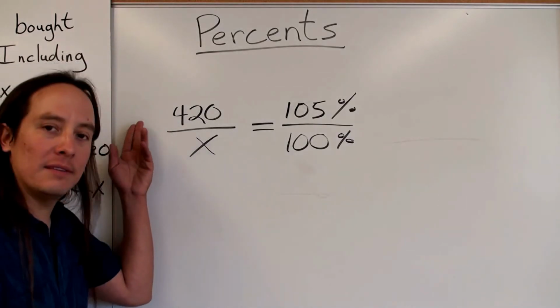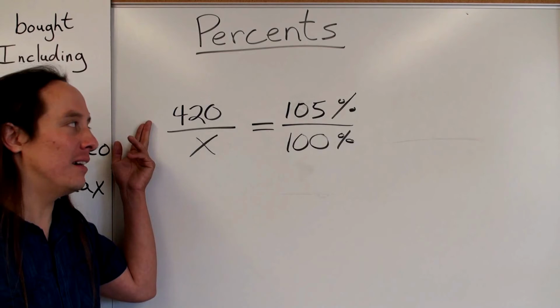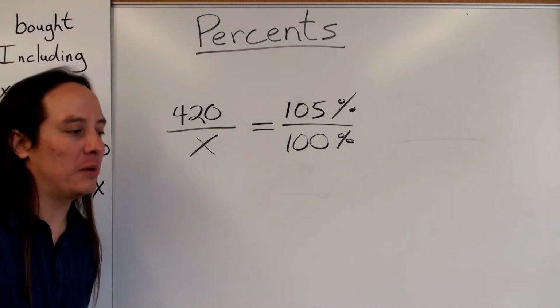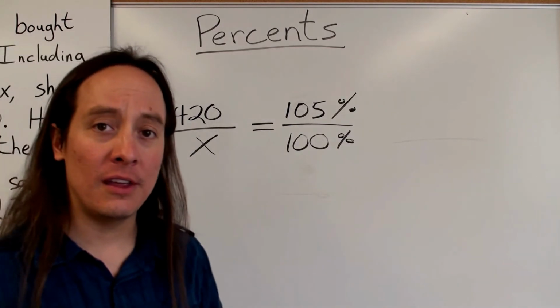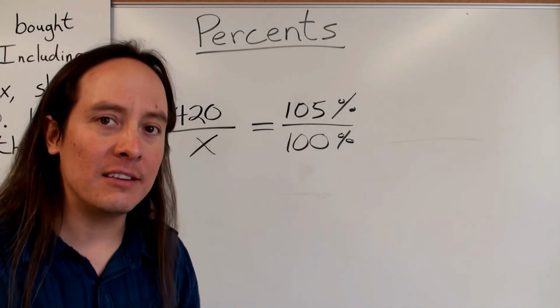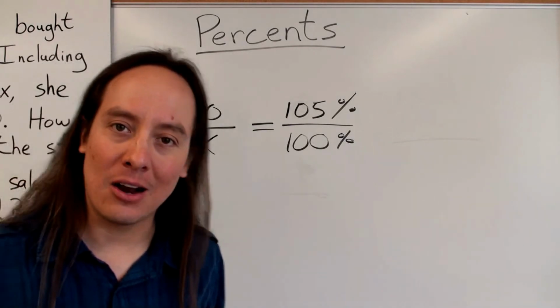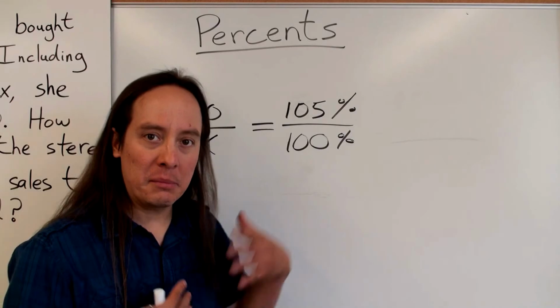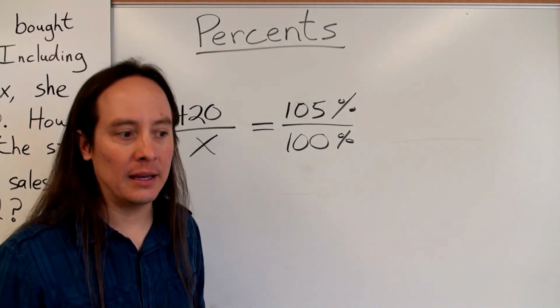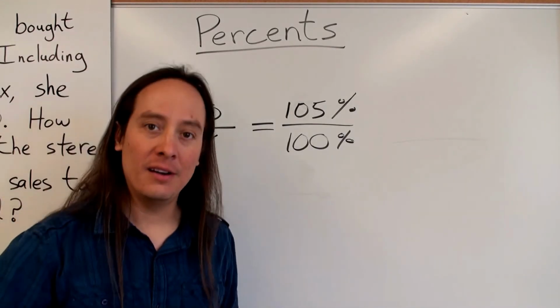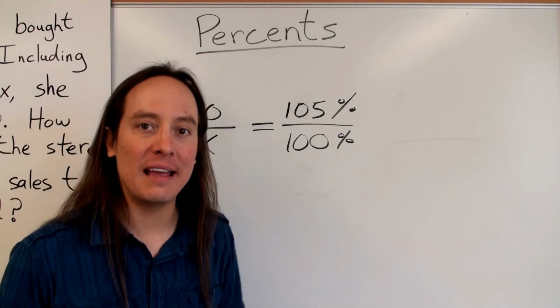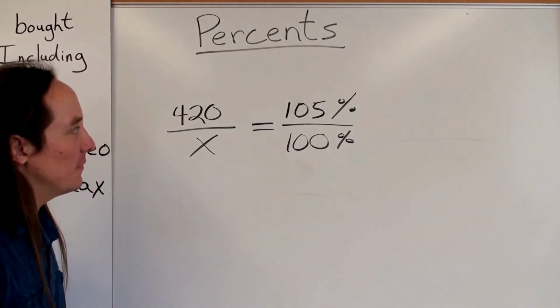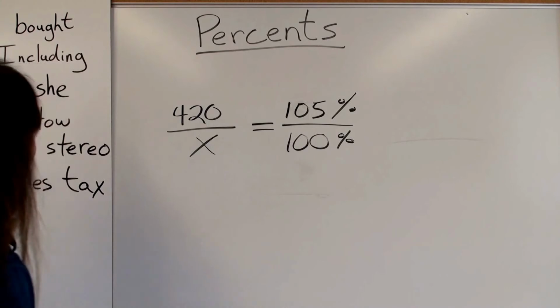So the 420 is more than 100%. It's 105%. And this is where I think some of my students get a little confused. They think that part always needs to be less than 100%, and that's not always the case. Sometimes the part can be more than the 100%. Okay, it can include the 100% plus another, like in this case, a sales tax, for example. Okay, so I hope that makes sense.